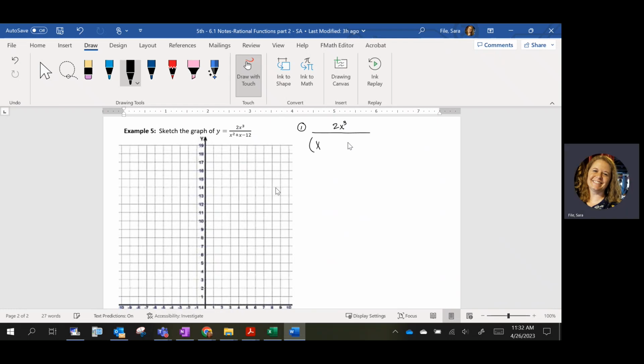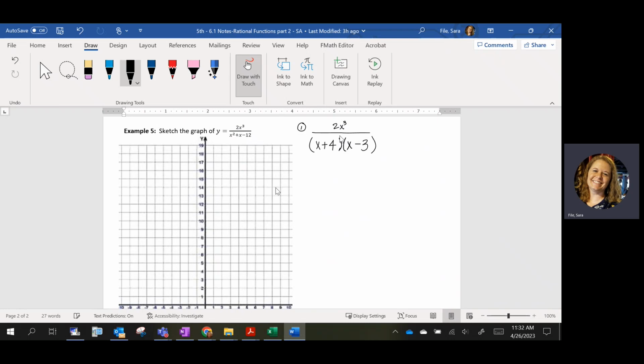The denominator does. What are factors of negative 12 that add to positive 1? Positive 4 and negative 3, right? That would multiply to negative 12, but add to positive 1.